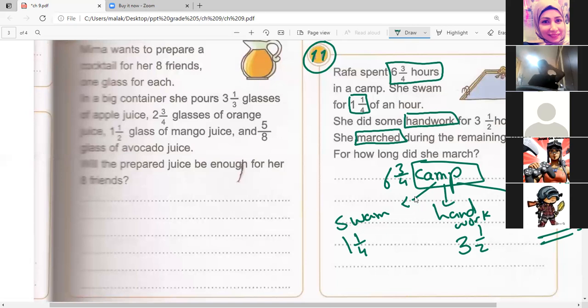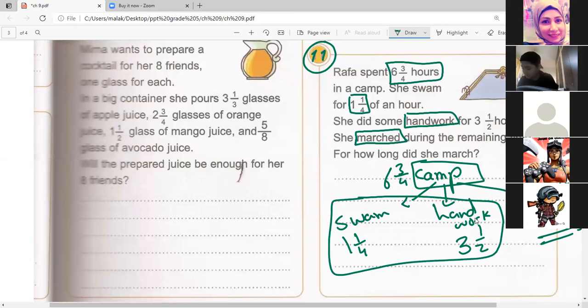The first equation: how many hours did she spend doing swimming and handwork activity, both? What do we do for both? Plus, exactly, we have to add them both.